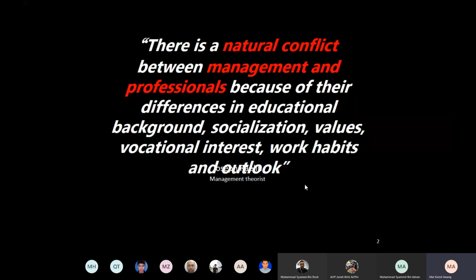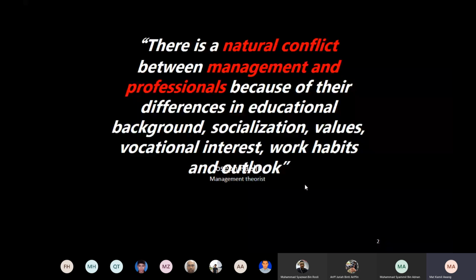In terms of socialization, maybe in UPNM it's not that apparent in terms of the differences, because after 5 o'clock you go to the same ALK program and whatnot.